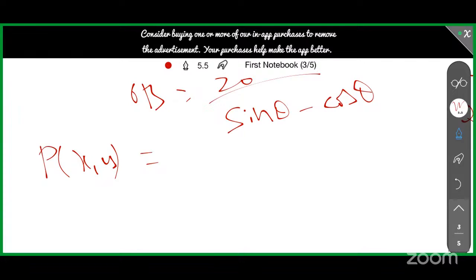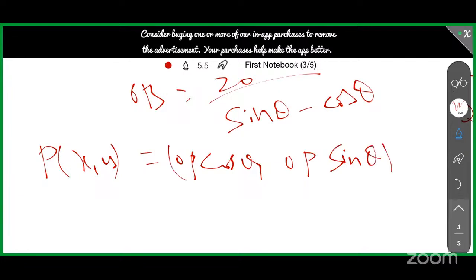So for OP we use OP cos theta, OP sin theta. From here, what is my x value? My x is equal to OP cos theta. Y is equal to OP sin theta. Excellent.